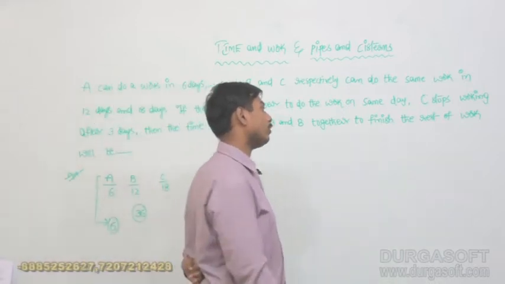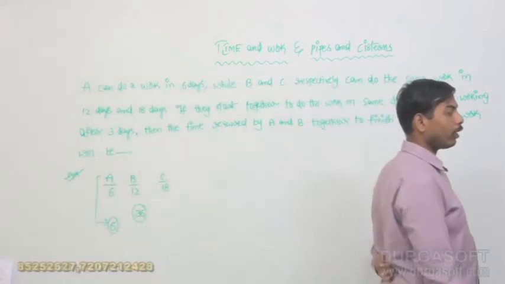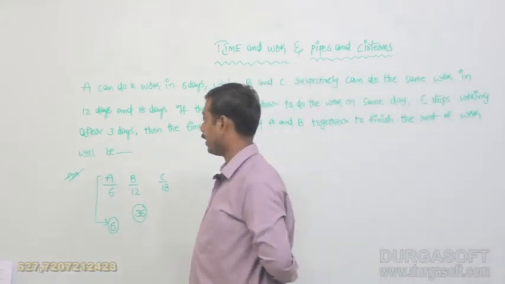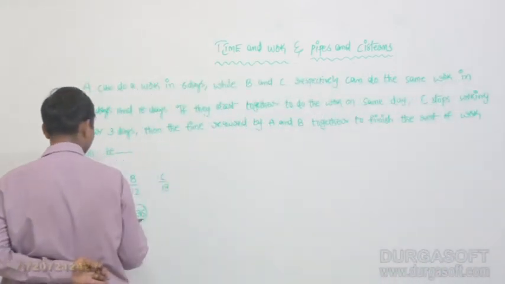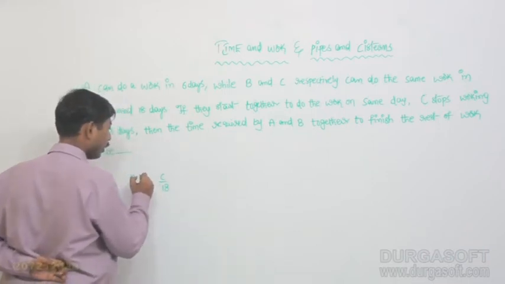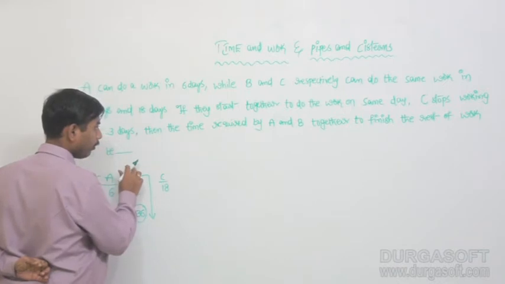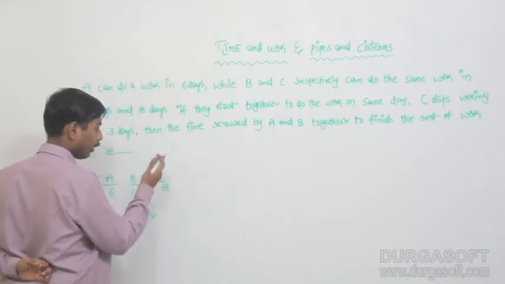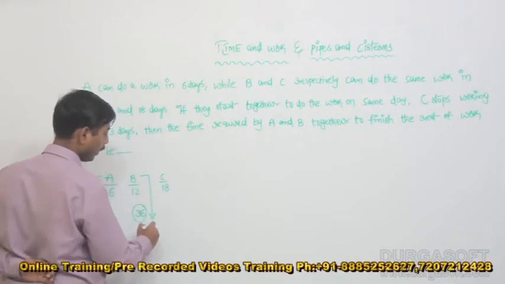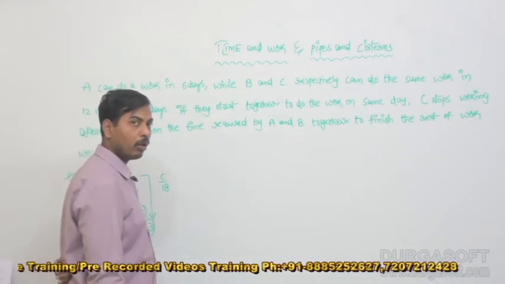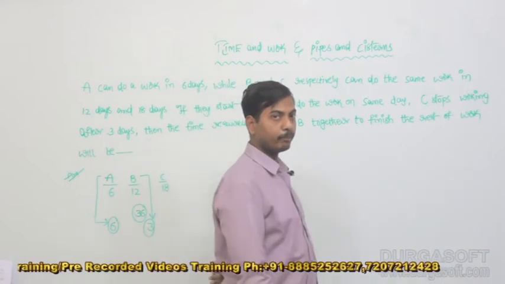B needs 12 days of a time to complete 36 units of a work, means each and every day B definitely can finish how many units? B can finish 3 units of a work in one particular day.